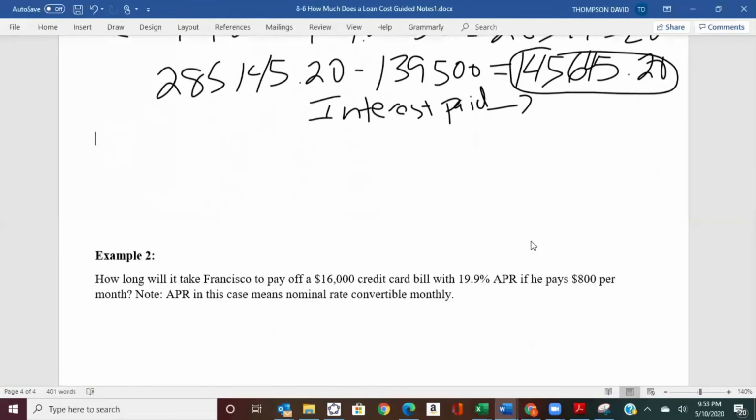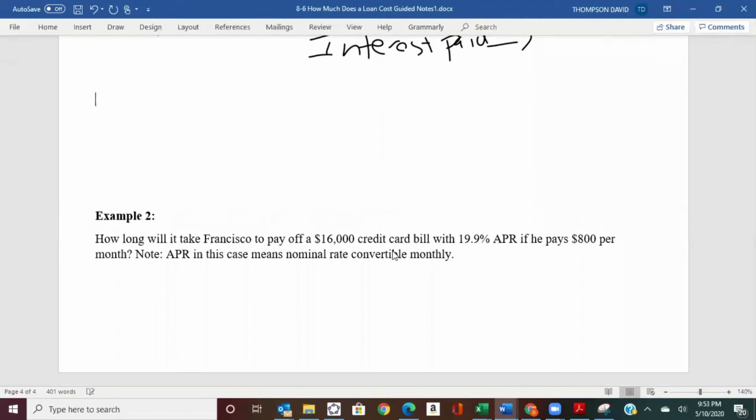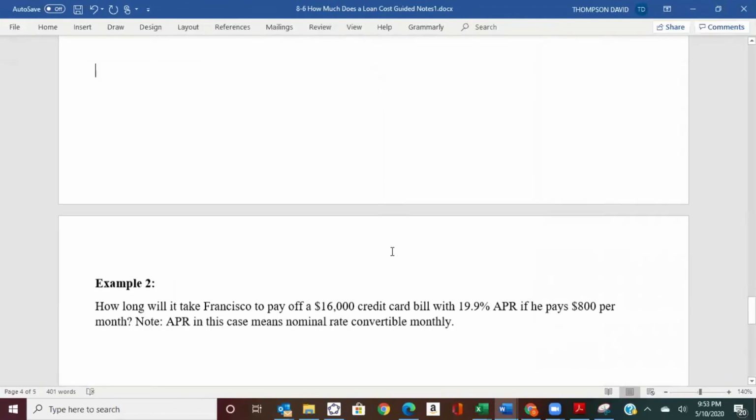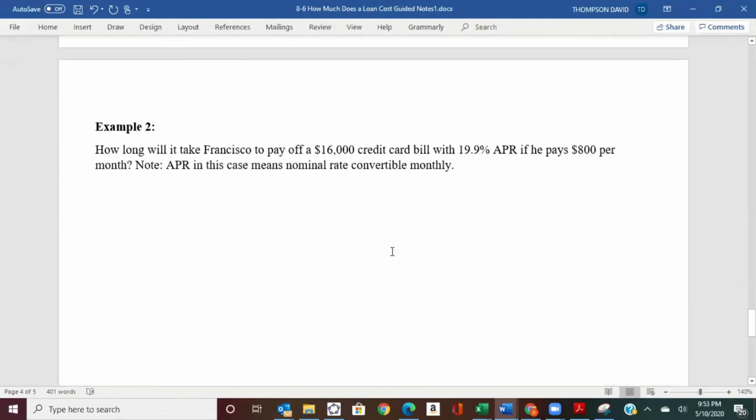Okay, and our last example, we're going to figure out how long it's going to take to pay off a credit card bill of $16,000.